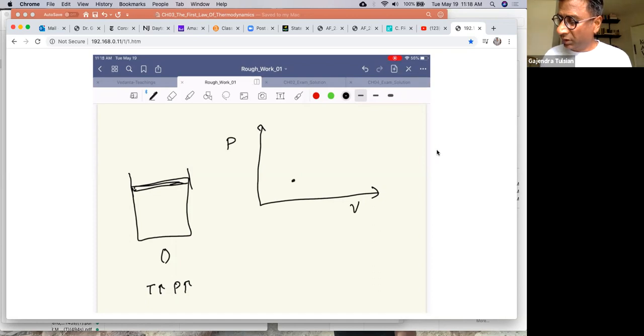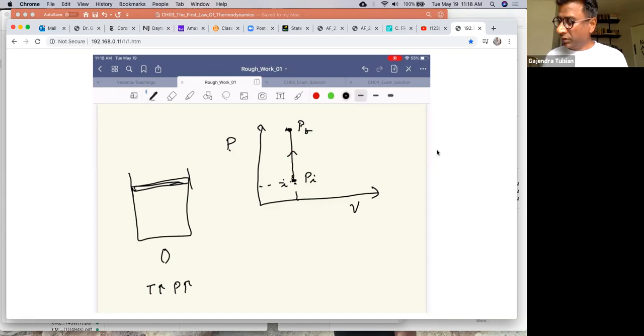When you heated the gas, this was the initial state of the gas, this was the pressure of the gas, and this was the volume of the gas. Now the volume is fixed, but the pressure is rising. So the gas went from this initial pressure to that final pressure. So this process of heating the gas can be represented on the PV diagram like so.